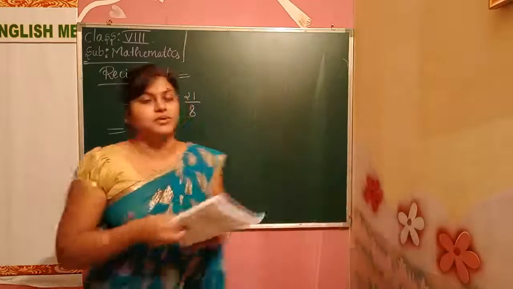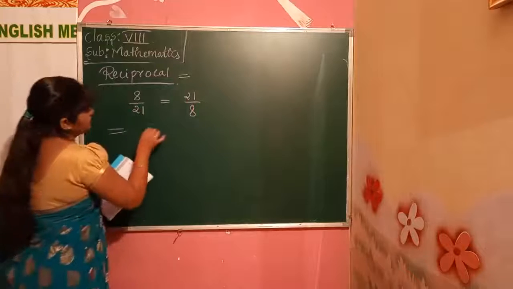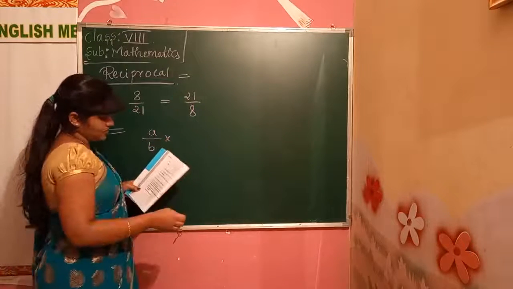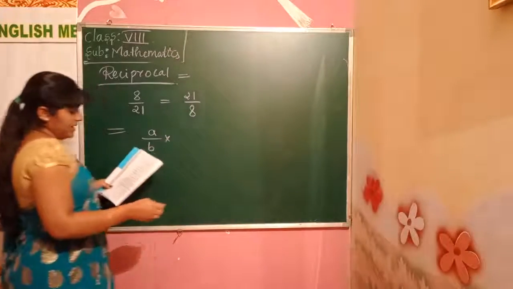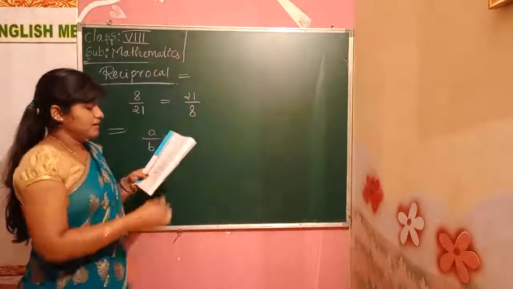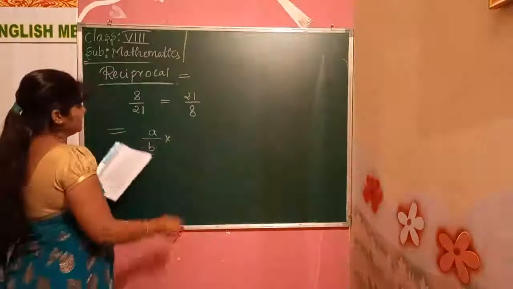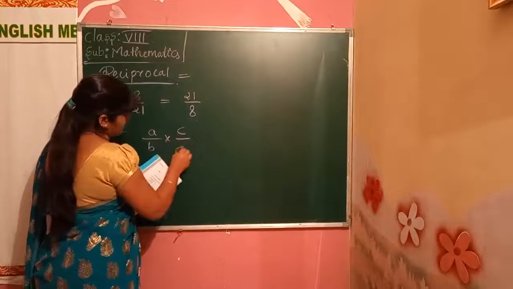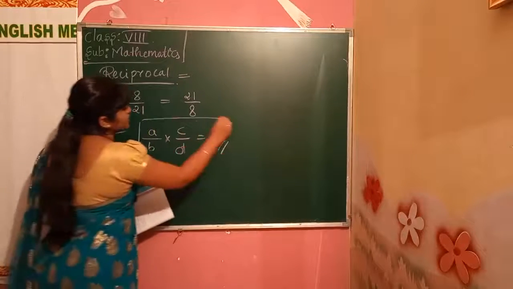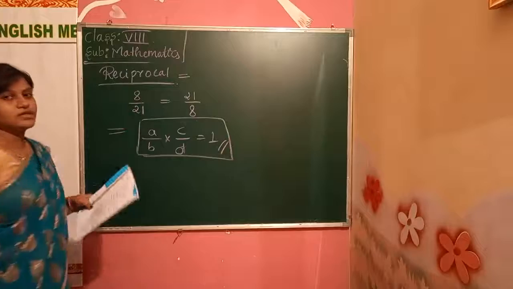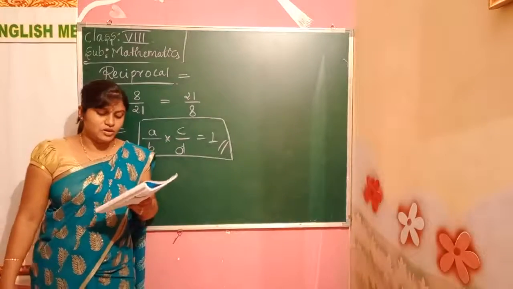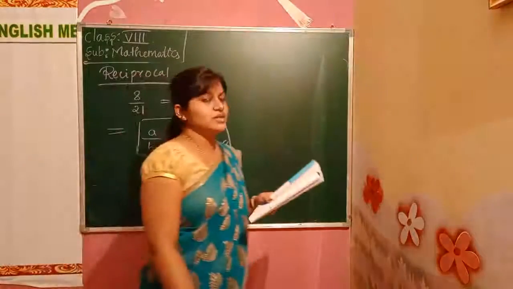The statement for this is, when we have the reversing of a number a by b, and the other one will be c by d, the statement for reciprocal is 1. This is the statement for reciprocal.